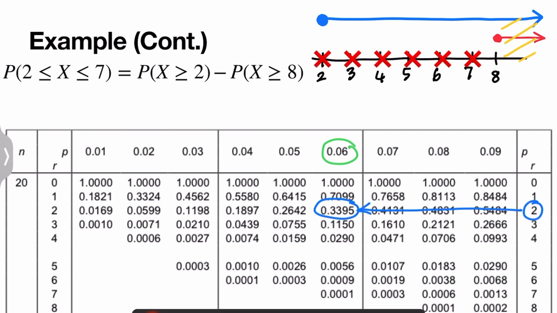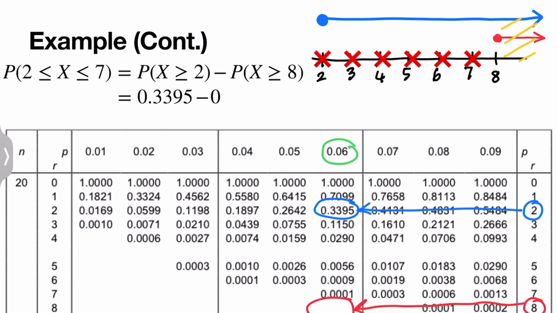Probability of x greater than or equals to 2, 0.3395, greater than or equals to 8 ada tak? The value is 0. The probability is very very small. Sebab tu dia blank ni, ada kawasan yang blank. The probability is too small. Kalau you tengok, lagi besar nombor, lagi kecil probability dia.